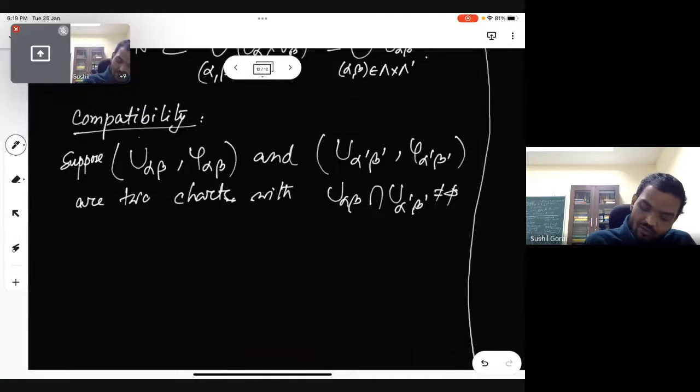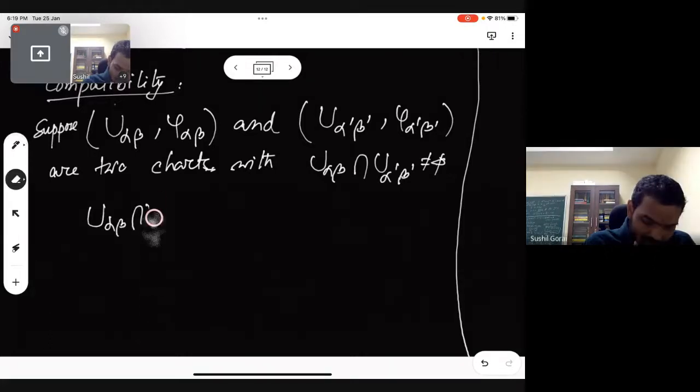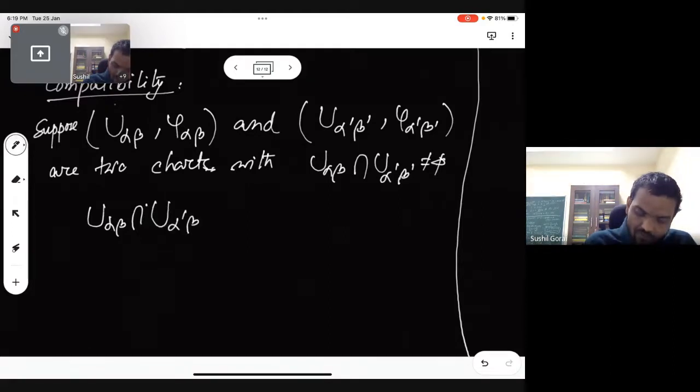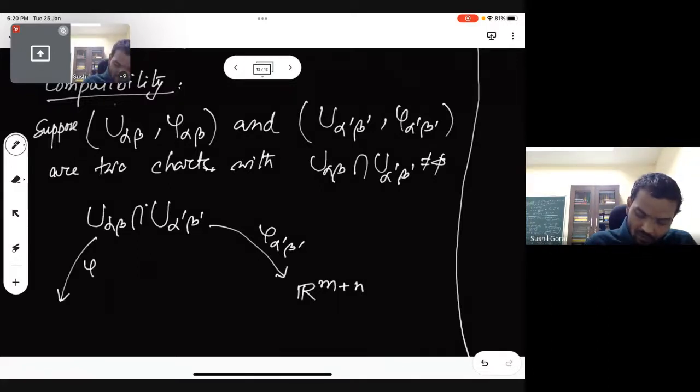So how does it go? So U alpha beta intersection, this is U alpha prime beta prime, right? So from here we have two charts. One is psi alpha prime beta prime that is also taken to R^(m+n), and this is phi alpha beta.